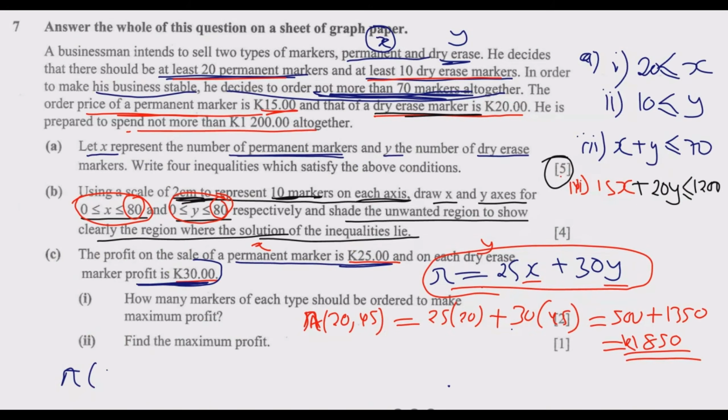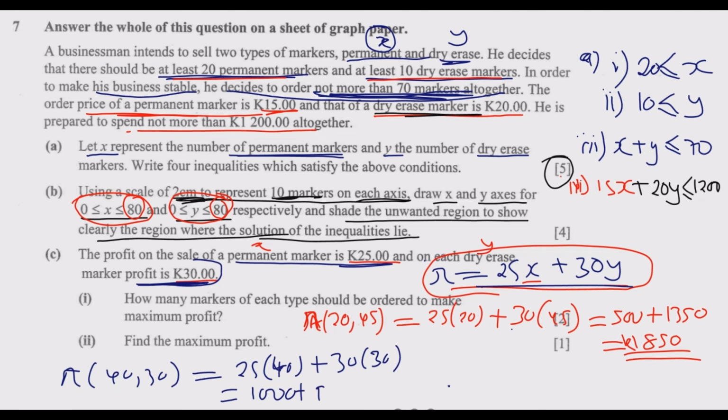So in this profit function, it will be 25 multiplied by the value of x, in this case 40, then plus 30 times the value of y, which is 30. So 25 times 40 is 1000, then plus 900. We end up with 1900, which is greater than that.